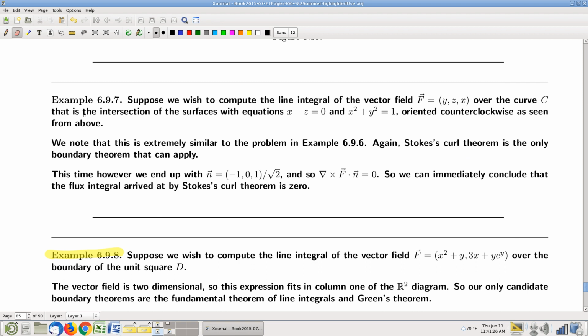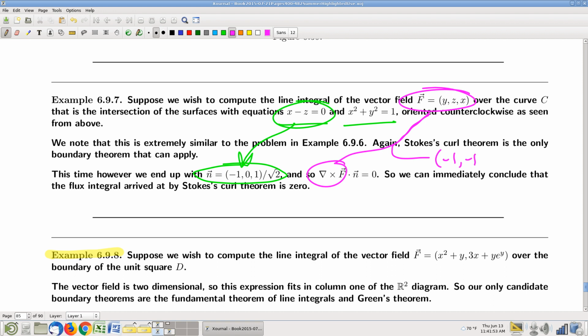Okay, on the other hand, what if I have that vector field, same vector field as before, and this time, plane, cylinder, but it's a different plane. Here we get lucky. There, the normal vector and the curl, I don't have the curl written down here, but the curl was -1, -1, -1.